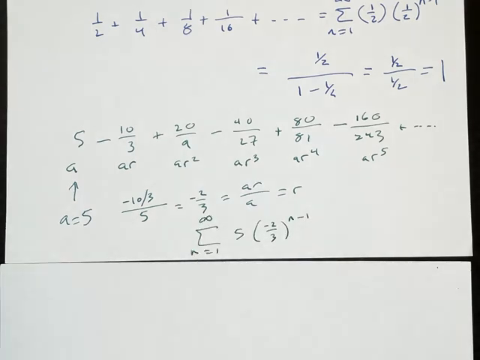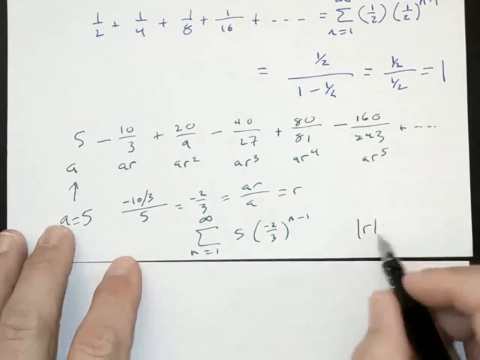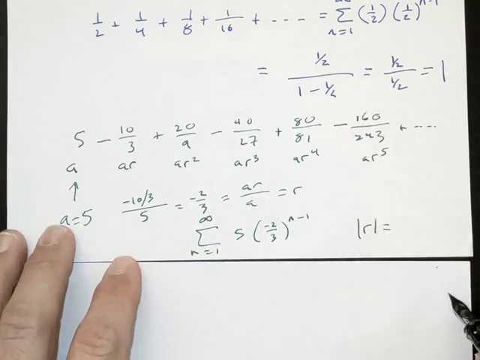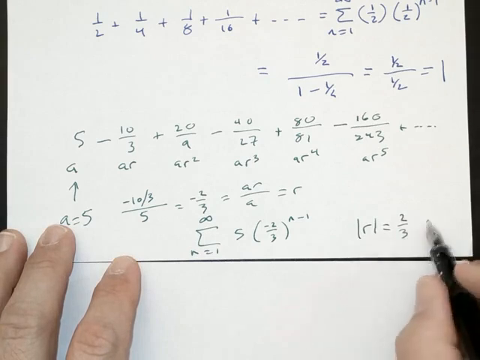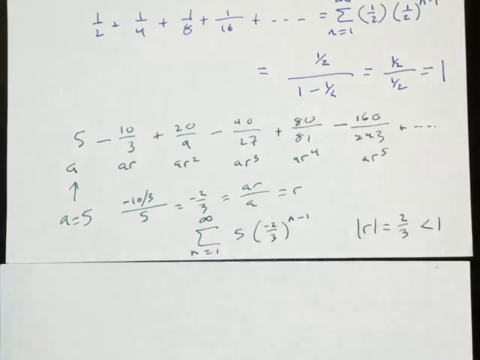Madison, do you see how I made it AR to the n minus 1? Wonderful, brilliant, I love it. What is the value of the absolute value of R? So that means that the absolute value is less than 1.